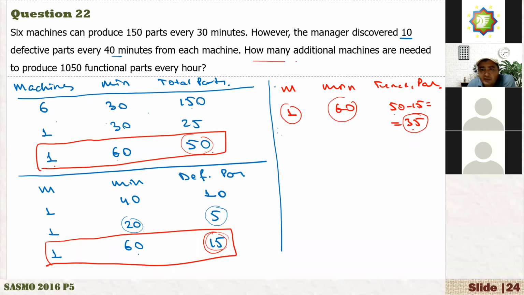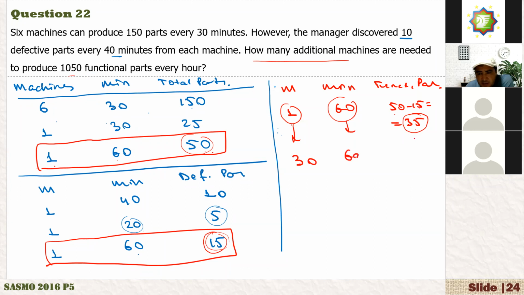It says how many additional machines are needed to produce 1050, right? So to get 1050 here, I should multiply this. What number times 35 is 1050? Multiply by 30, for example, and the time does not change.